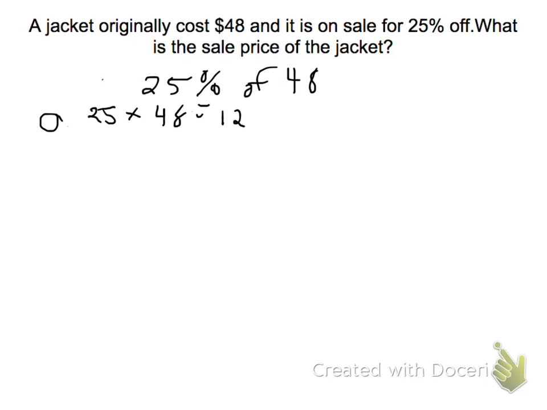So it's 25% off, which means the price would be the difference, and it gets rid of that $12. So the final price would be whatever 48 minus our 12 is. And 8 minus 2 is 6, and 4 minus 1 is 3. So that means the sale price of the jacket is $36.